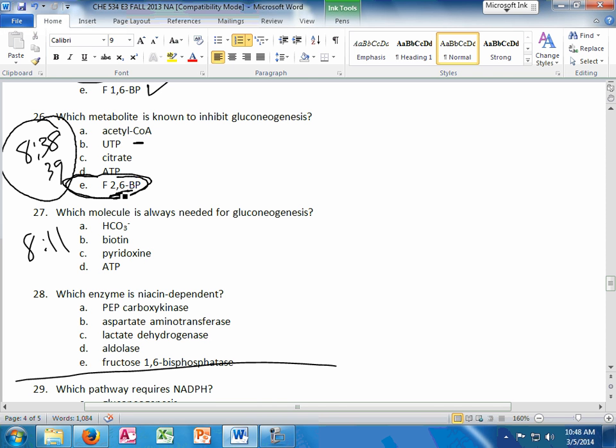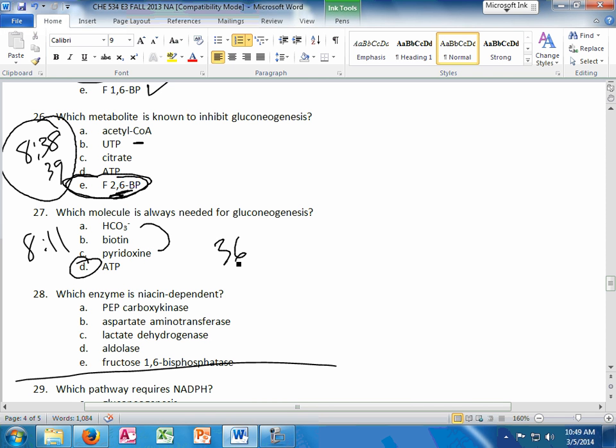Which molecule is always needed for gluconeogenesis? So these three are needed sometimes. ATP is always needed. On slide 36 you're also going to see that no matter what, to make glucose you're going to need to spend a little ATP.